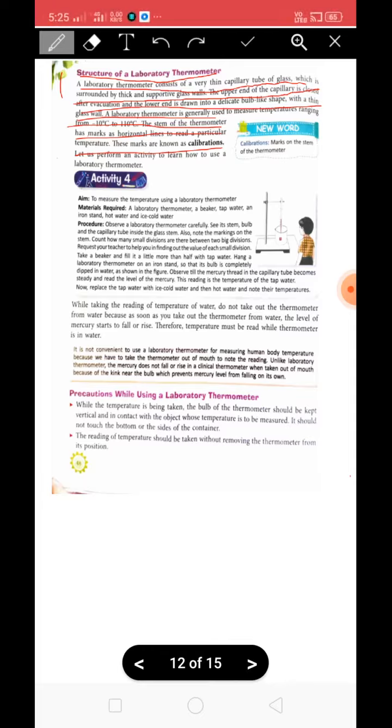A laboratory thermometer is generally used to measure temperature ranging from -10 to 110 degrees centigrade. The stem of the thermometer is marked with horizontal lines to read the particular temperature. These marks are known as calibration. It means you have to write it from here to here. Now about the activity, you will write activity number 4 in the same question.